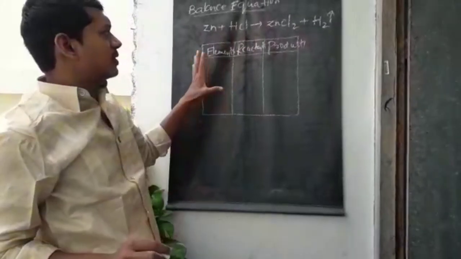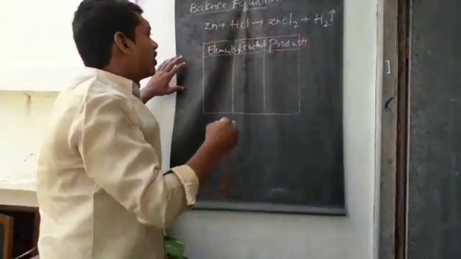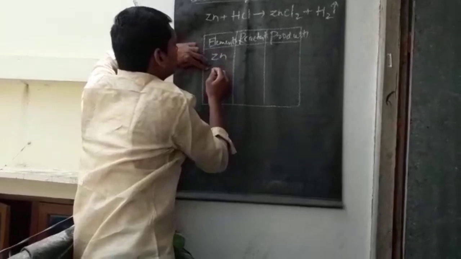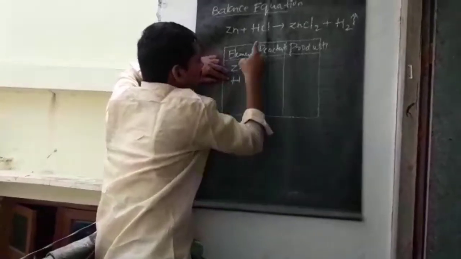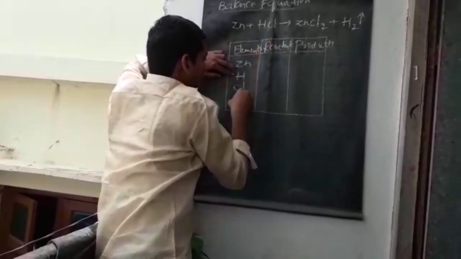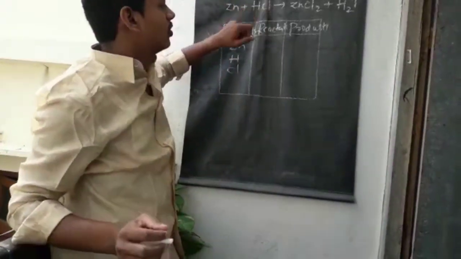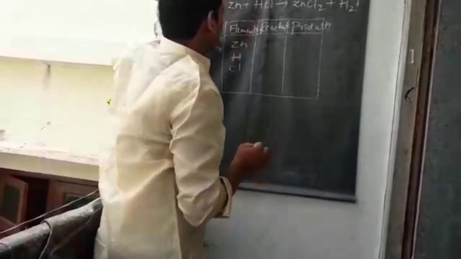The elements present in the equation are zinc, hydrogen and chlorine.